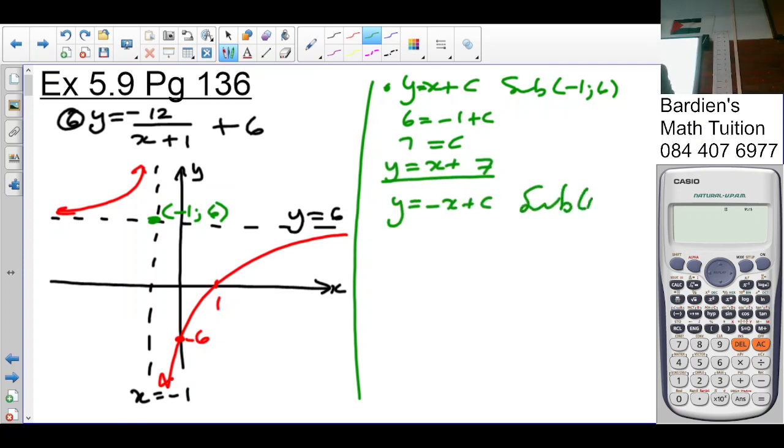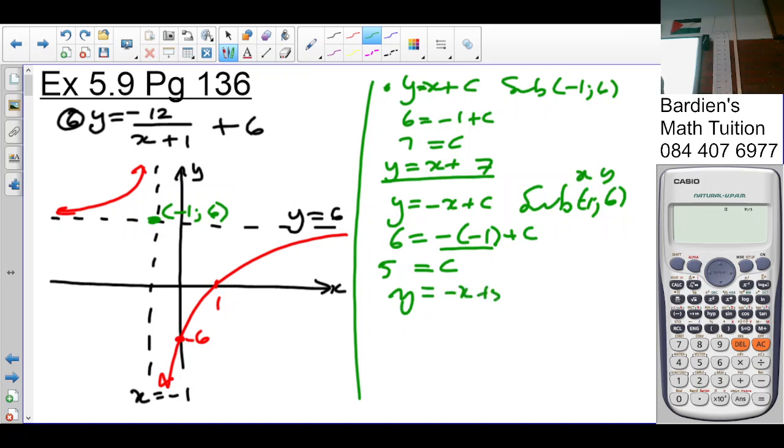You substitute negative 1 and 6 for x and y. So 6 is equal to 1 plus c, which gives negative 5 when you take it over. So y is equal to minus x plus c.